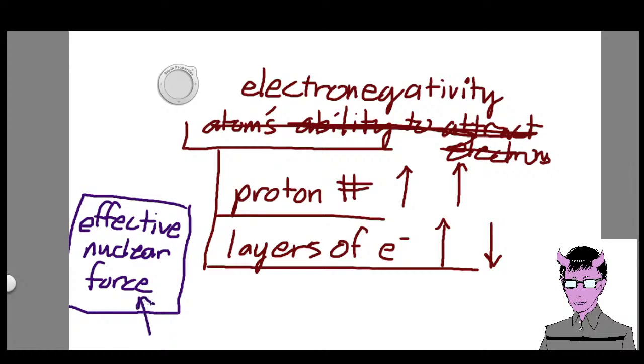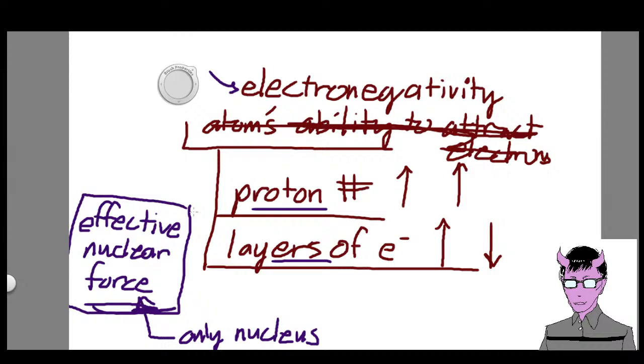So here you're only considering the nucleus, which is the beginning of our discussion. Only the nucleus, whereas electronegativity considers both the proton count and the layers of electrons, and effective nuclear force does not. So if you're thinking about effective nuclear force, it's only with the pluses.